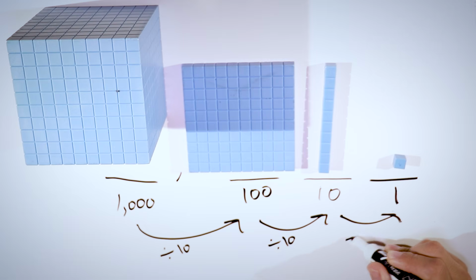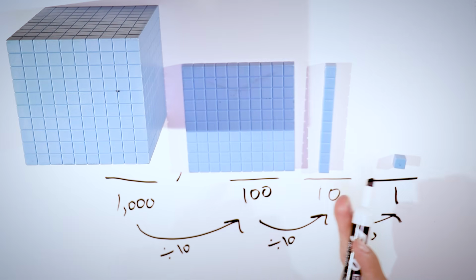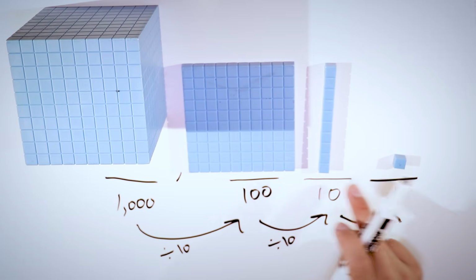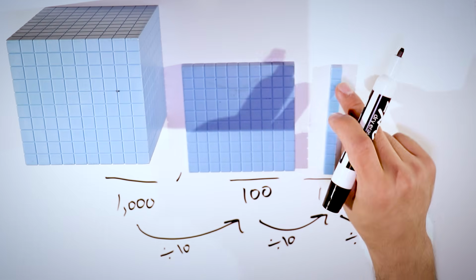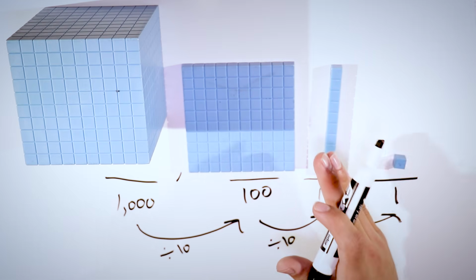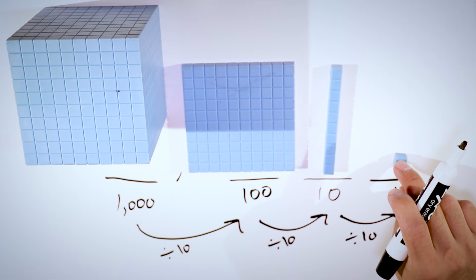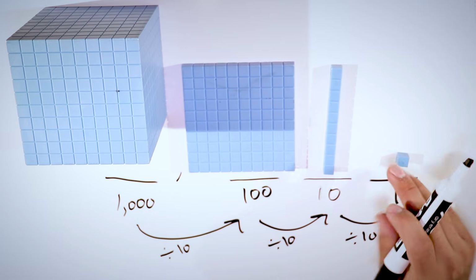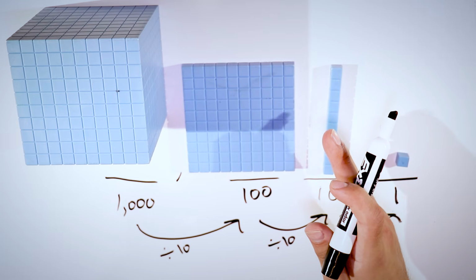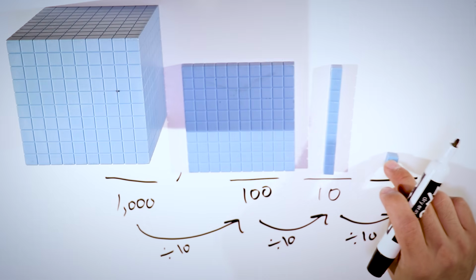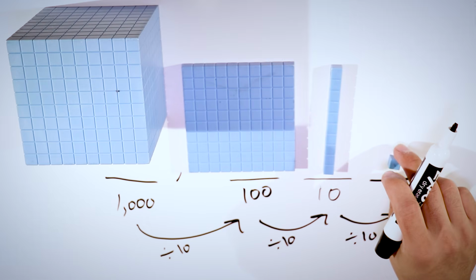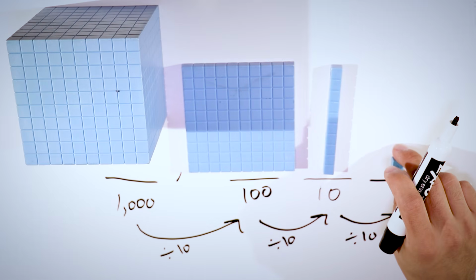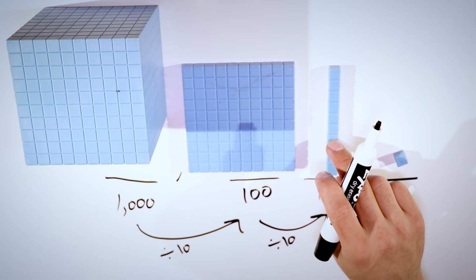And let me explain how that happens, or why it happens. Well, let's take a look at these first, the 10s and the 1s. If I have 10 units here, and you divide this by 10, you'll end up with 1 unit. So that means when you divide 10 into 10 parts, you're going to get one of these. So that means that 1 unit is 1/10 of a 10.